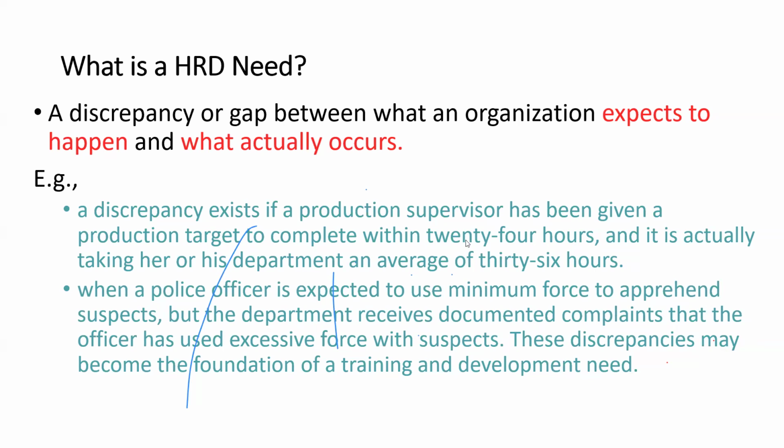Suppose after the training, he is now completing the task within 20 hours, within 15 hours, right? So then the expected jobs can be done by saving more resources. So ultimately it results in increasing the performance of the entire business, of the entire organization.